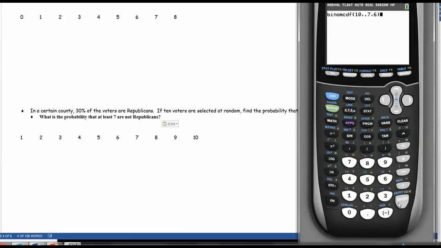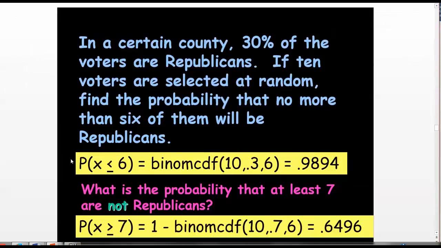I want to know 7 and beyond. So once I get this number, I want to subtract that from 1. And that 0.649 represents the likelihood of me finding at least 7 that are not Republican, given this description about switching it from 30% to 70%.